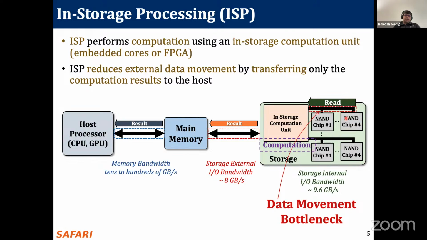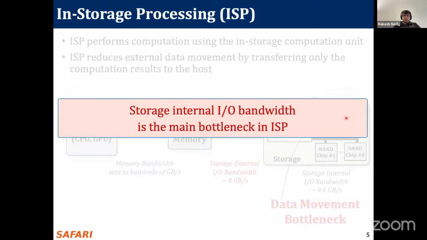The bandwidth of these flash channels is around 9.6 Gbps, which is not significantly higher than the external I/O bandwidth. And this remains the main bottleneck for in-storage processing: the transfer of data across the flash channels. So the internal bandwidth is the main bottleneck in ISP.